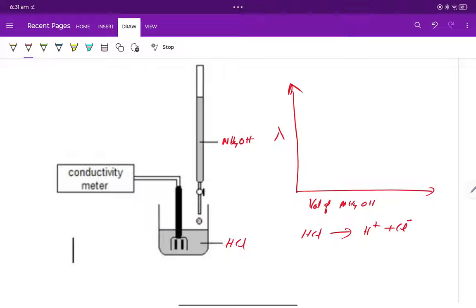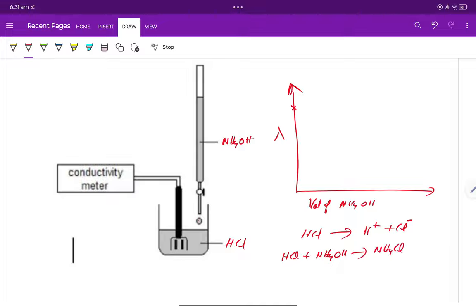It is a complete dissociation. And since one of the products is H+, which is a very fast moving ion by the Grotthuss mechanism, you can start the graph from a very high value if it is a strong electrolyte from here.